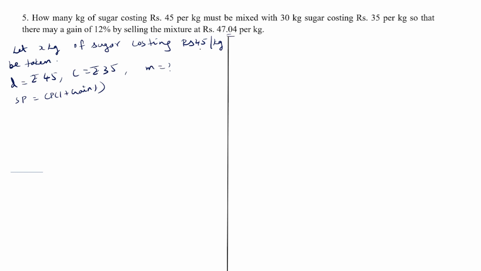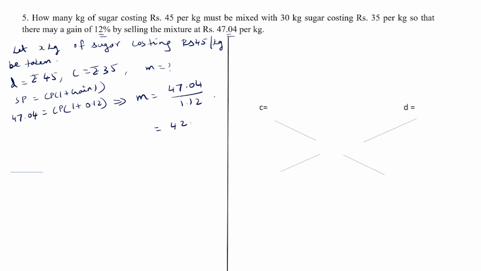Here this is the selling price, 47.04. It is cost price into 1 plus gain percentage, 12%, 0.12. So from this we get M as 47.04 upon 1.12. Now when we divide, we get 42. So the cost price of the mixture M is 42.